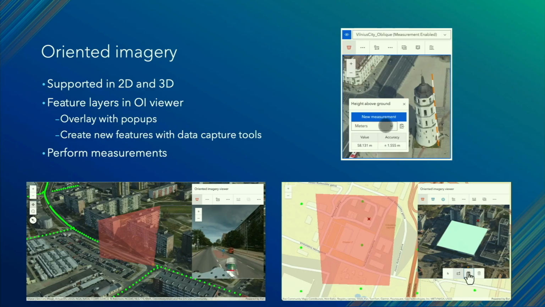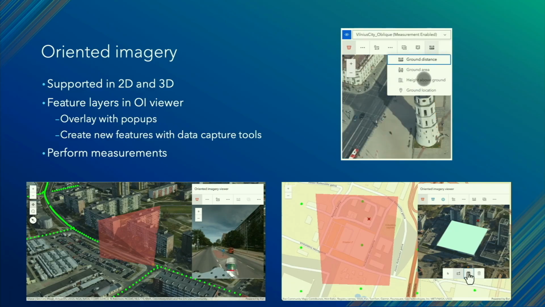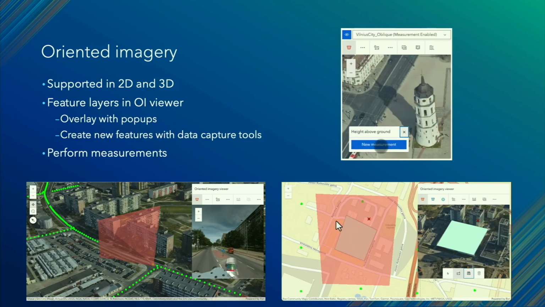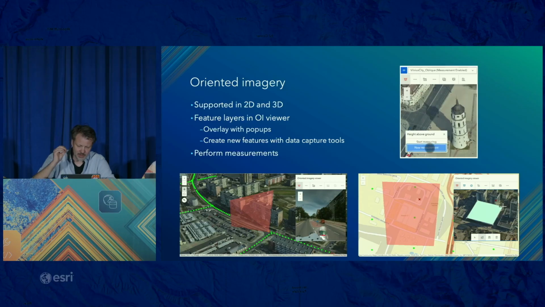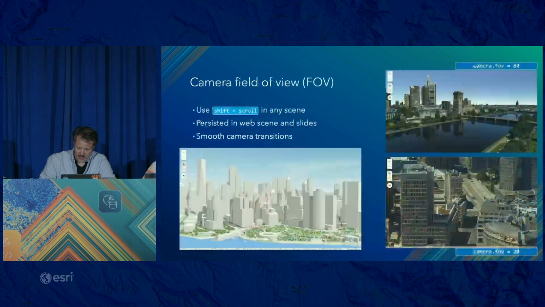There, you have to be a bit specific, whether you want to measure distances on the ground or vertical distances, for example, the height of something you see in the picture, or how far a point is above ground. But these are things that you can now do directly in the oriented imagery viewer.